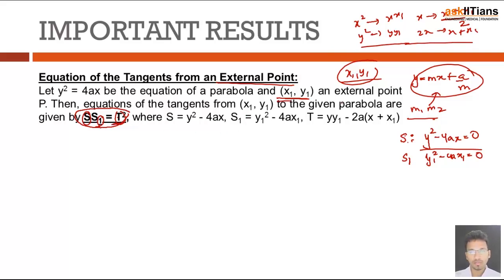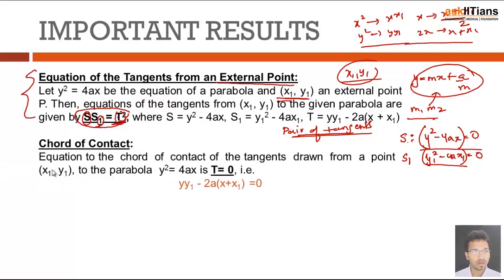You will see something constant into 2 degree, and here also 2 degree, so here you will get the pair of tangents. Anytime you will see questions in the test paper regarding these properties, so very important to remember.